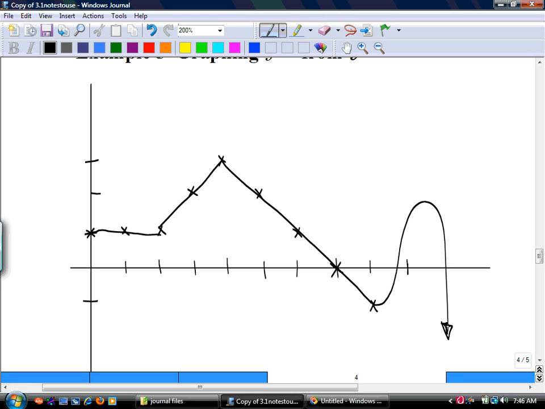Okay, we'll draw that at the end. So this is y equals f of x. Got that drawn-ish?